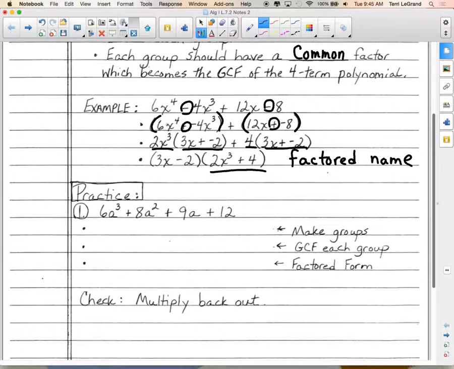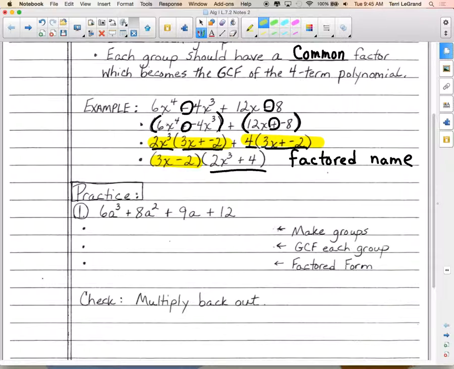So now that these two groups have those two factors in common, it's kind of like saying, okay, this is the GCF of the whole four-term polynomial. It's kind of like we have two terms now, so here's what I'm going to point out. This is a term, the first group. This is a term, the second group. Each term has the factor 3x plus negative 2, so I've put that right here, but I just cleaned it up to 3x minus 2.